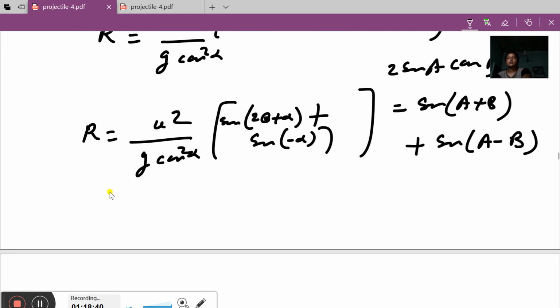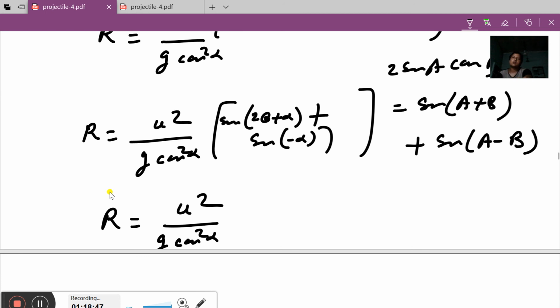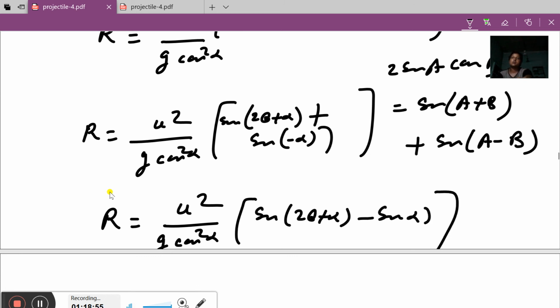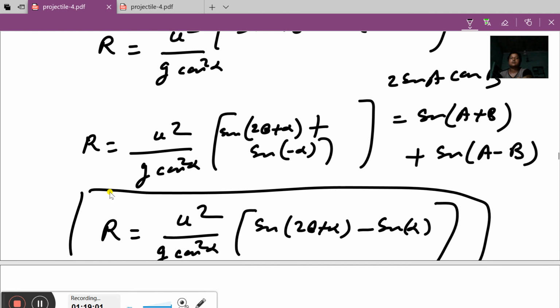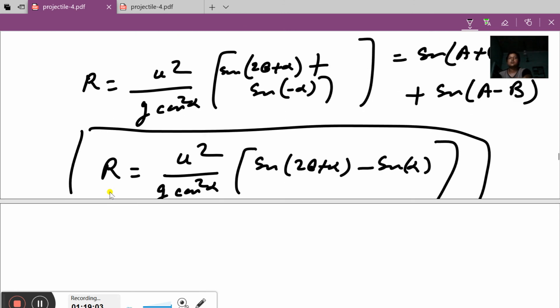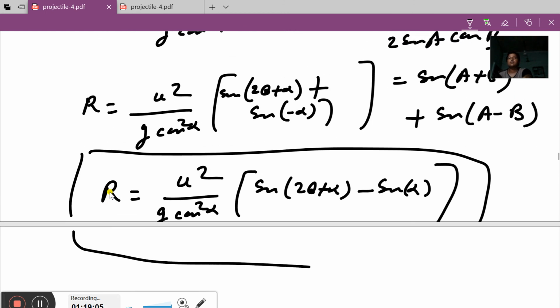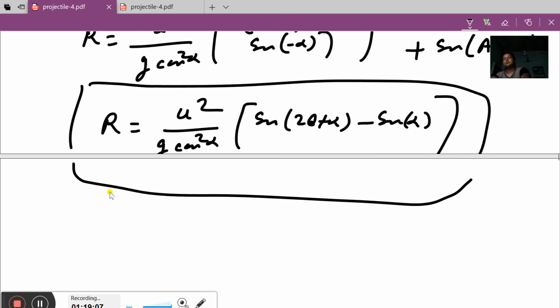So range formula comes out to be u square over g cos square alpha into sin 2 theta plus alpha minus sin alpha. This is our second form of the same formula.